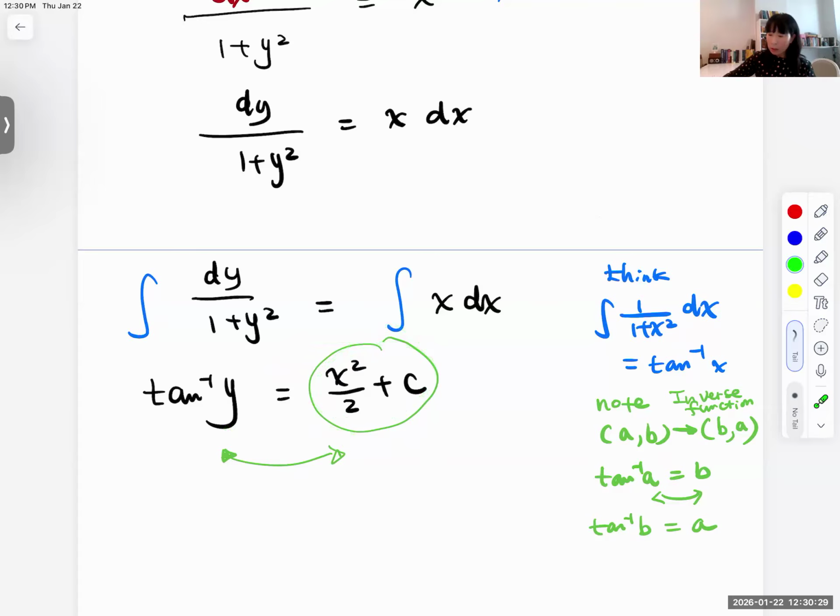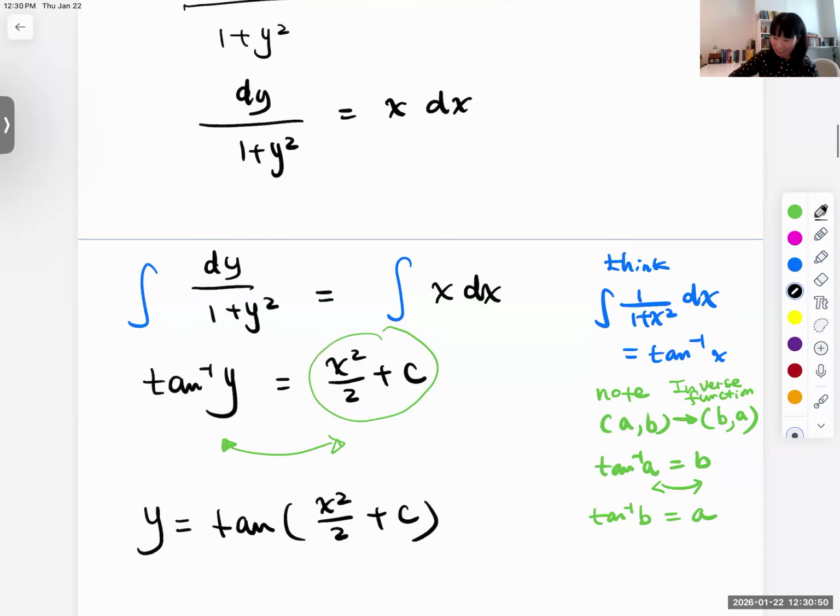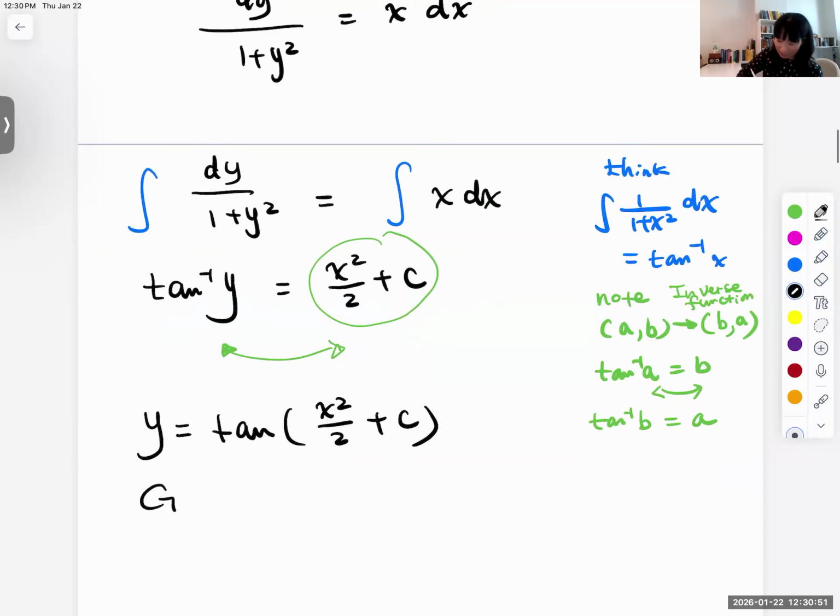So y equals tangent, it's been a while, tangent of x squared over 2 plus C. That is the general solution. You guys okay? Very good.